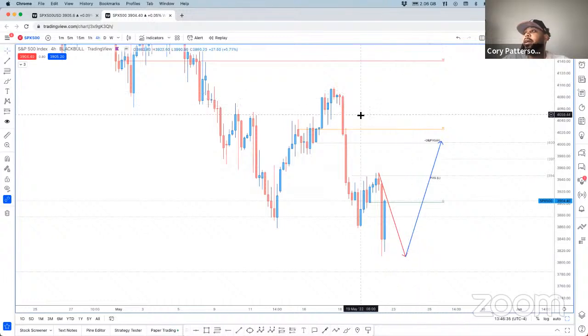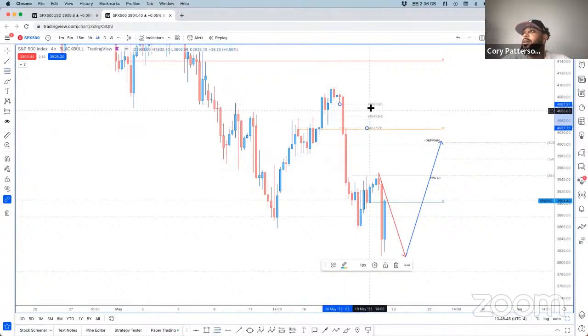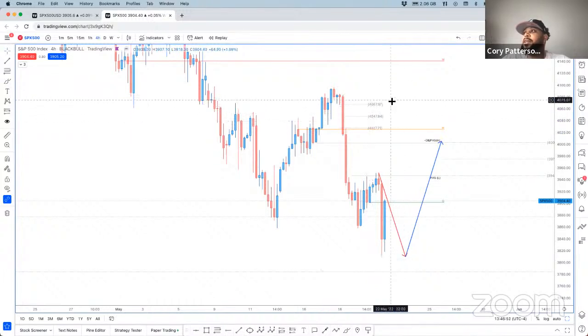We already kind of know that, right? So we can take this area for the future as something to consider because we got an order block, we got a gap right here. So we know when we get to these prices that these are significant areas, right?